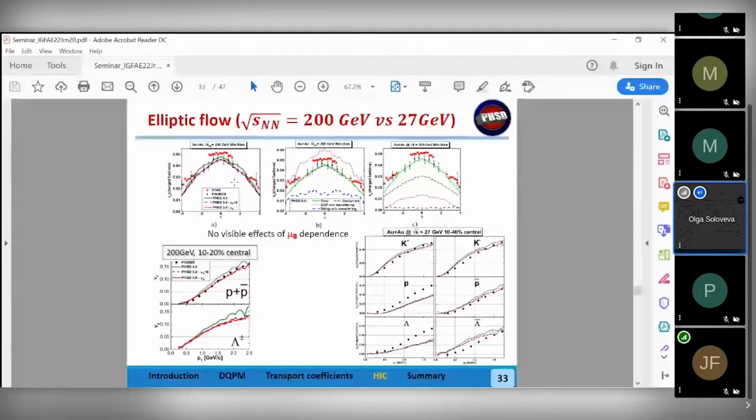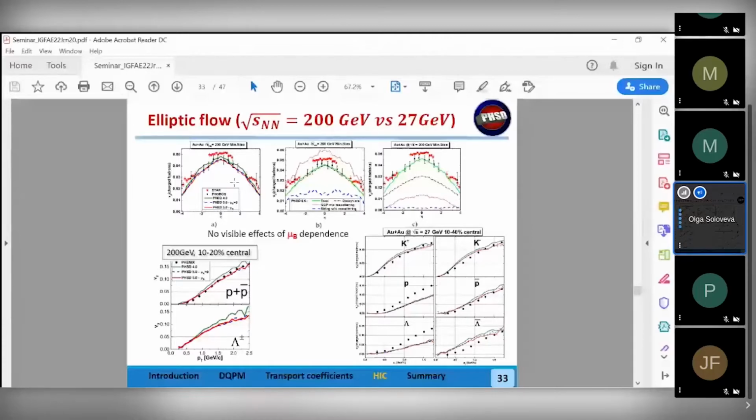So, you can see here it's without this weighting, it's just the V2 of different particles that came from different channels. Of course, V2 of particles which come directly from QGP without scattering is larger than the flow coefficients from particles which came after rescattering, after some decays.